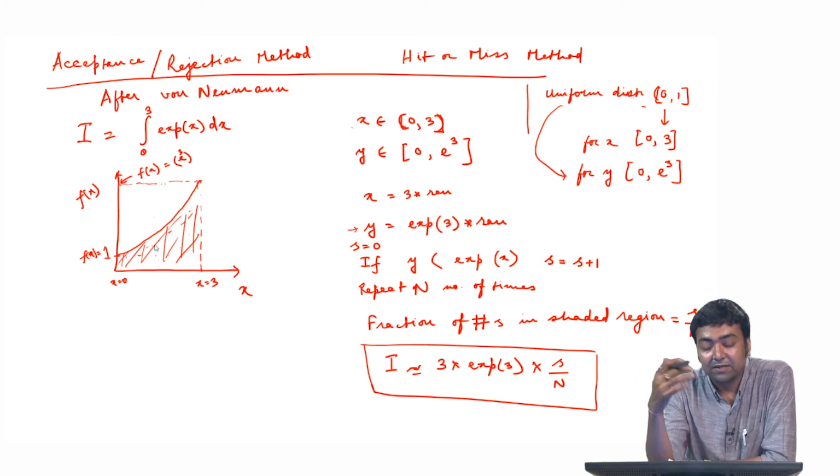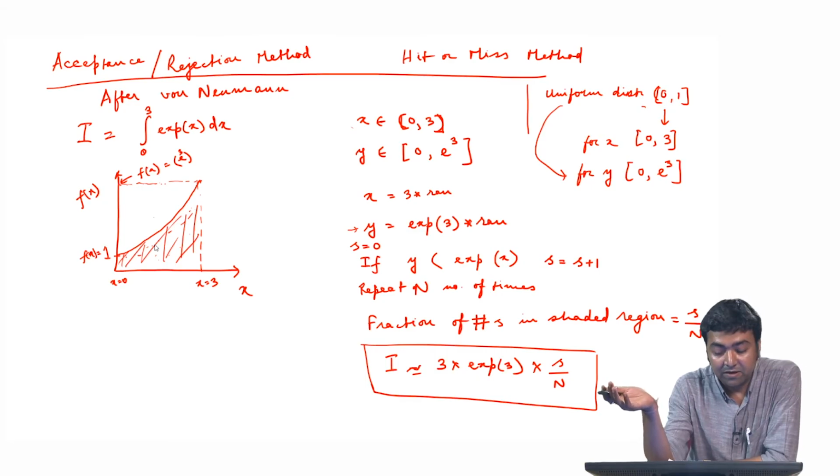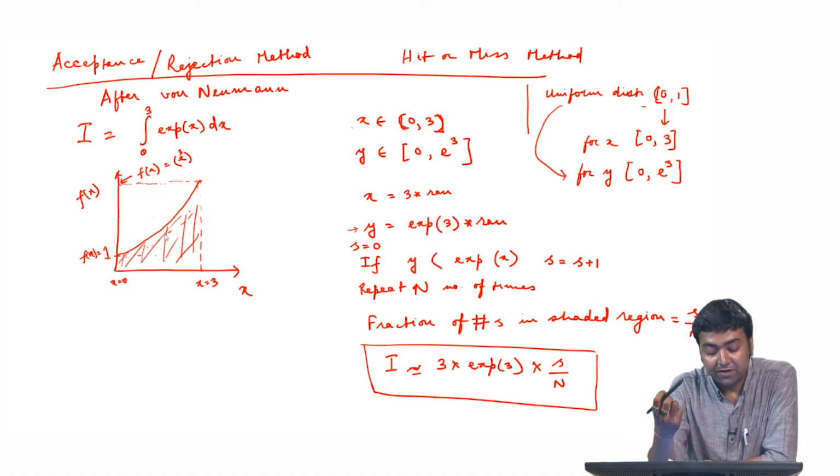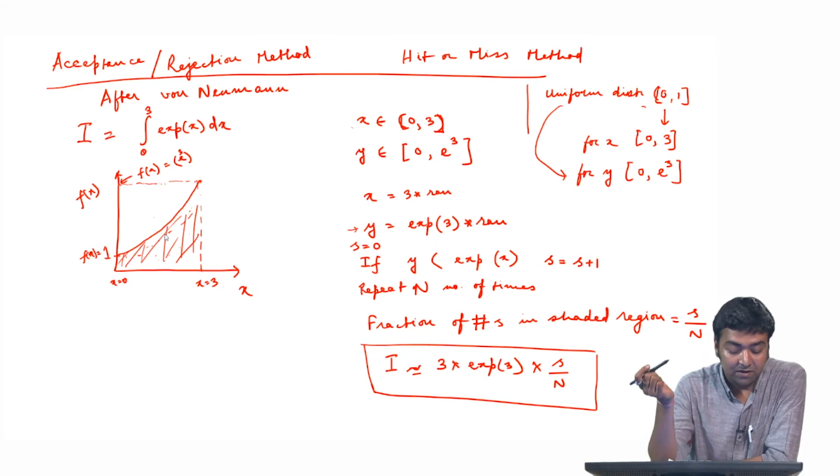So, we are accepting some and rejecting others, and as a result this method is called the acceptance rejection method. Rather than generating a set of random numbers over all this area, we are now using just a fraction of them to evaluate the integral.